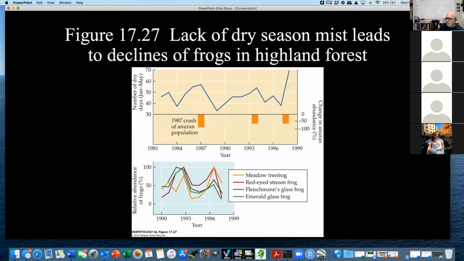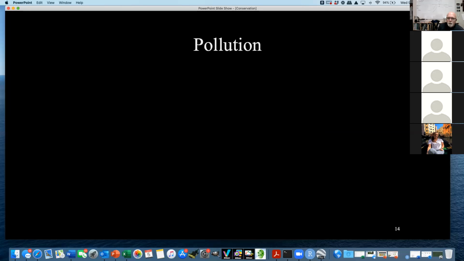We've already talked at length about some regulatory consequences of this, and so I won't belabor that. What's an example of pollution potentially endangering populations of frogs? That we've talked about in this class before.